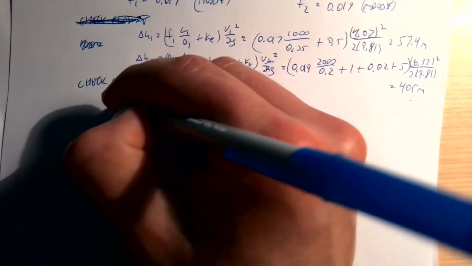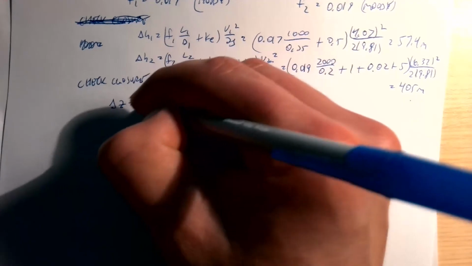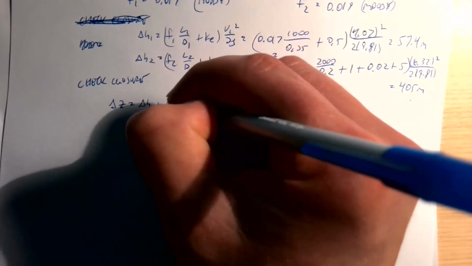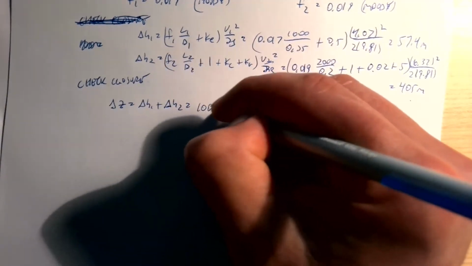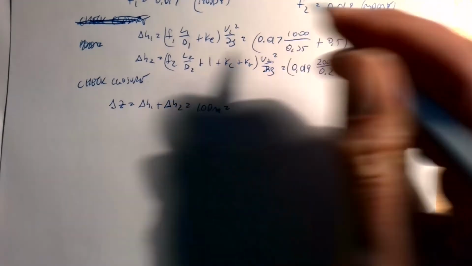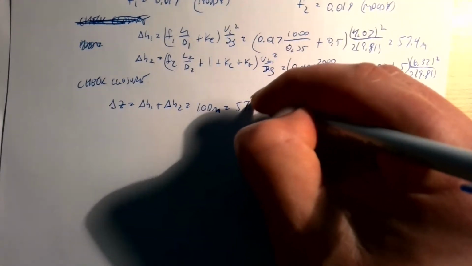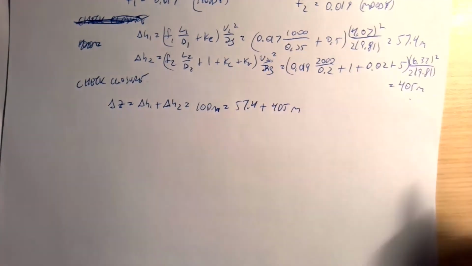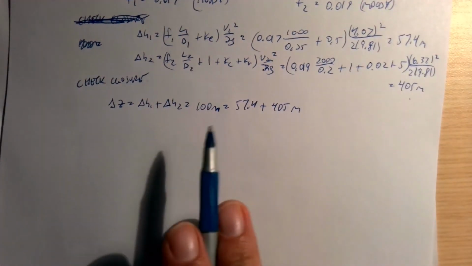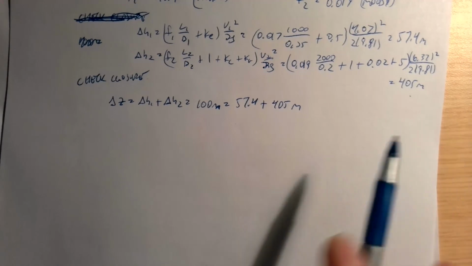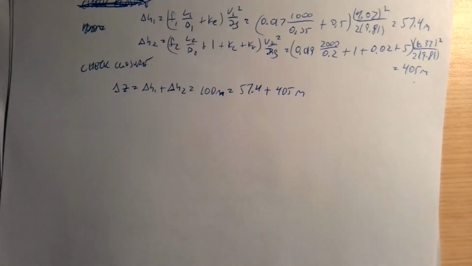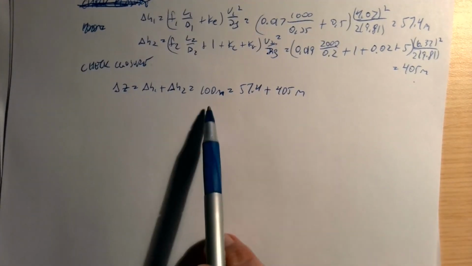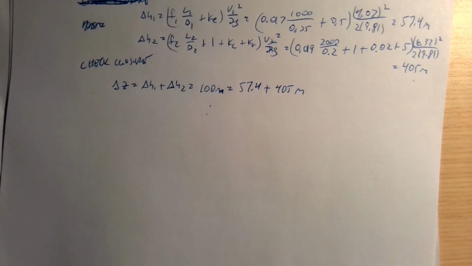We have delta Z equals delta H1 plus delta H2, and so that's 100 meters equals 57.4 plus 405 meters. So this is clearly not true. It did not close. Our guess for Q, when we followed the whole logic through, did not come out to be true. The question is, what should we guess next for Q?